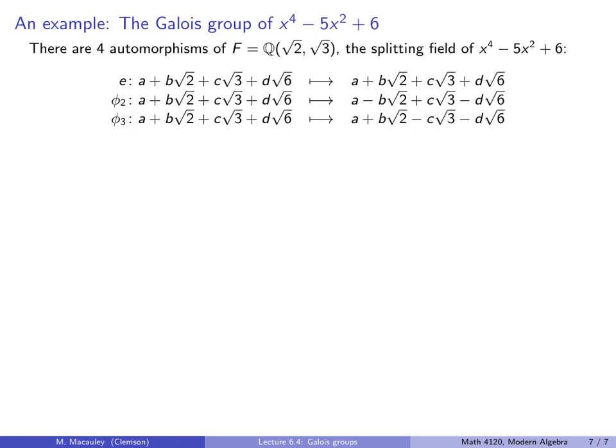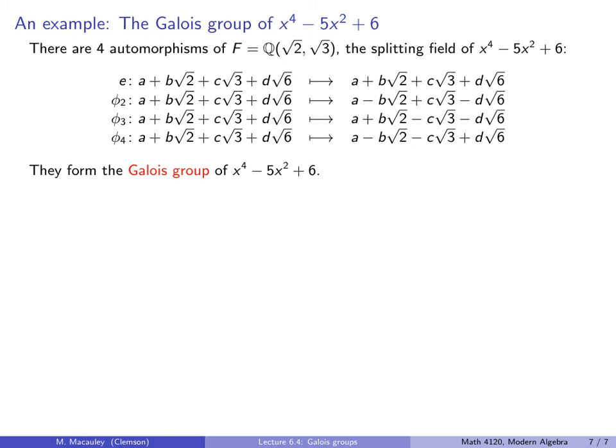Next, phi3 swaps the sign of root 3, and thereby does the same thing in front of root 6. And finally, phi4, which is what you get when you do phi2 and then phi3 in either order, swaps the sign in front of both root 2 and root 3, and it does it twice in front of root 6, so it preserves that sign.